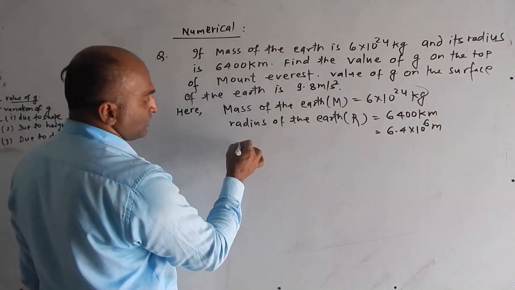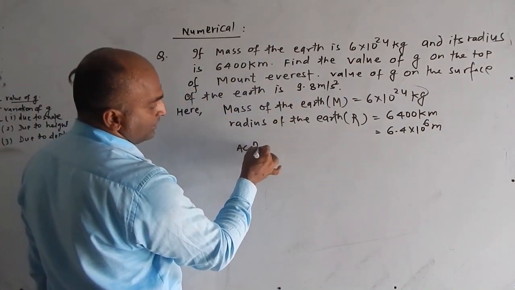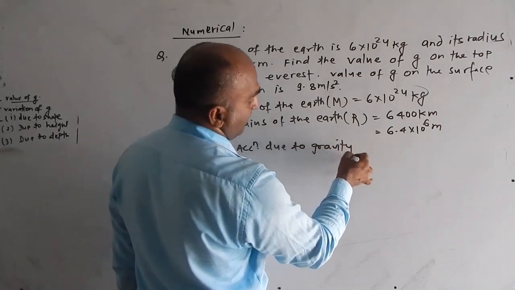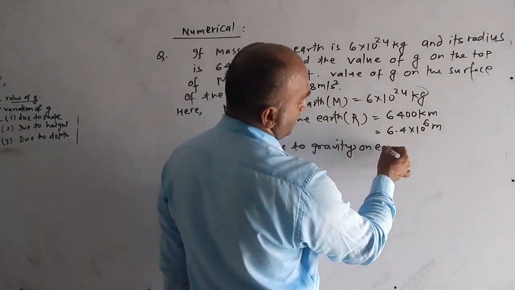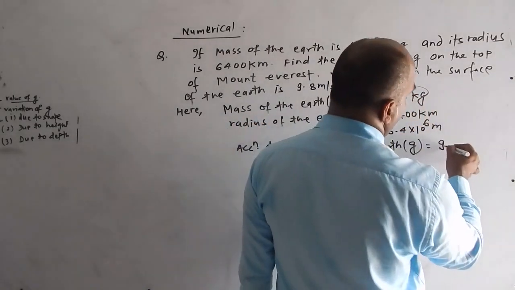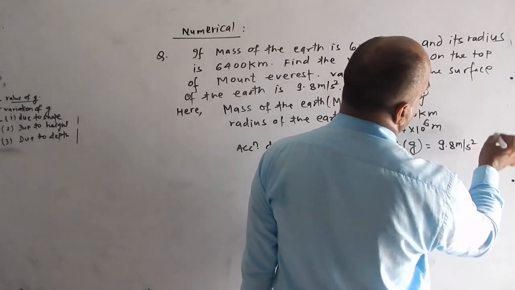And small g, acceleration due to gravity on earth, this value is given, it is equal to 9.8 meter per square second.